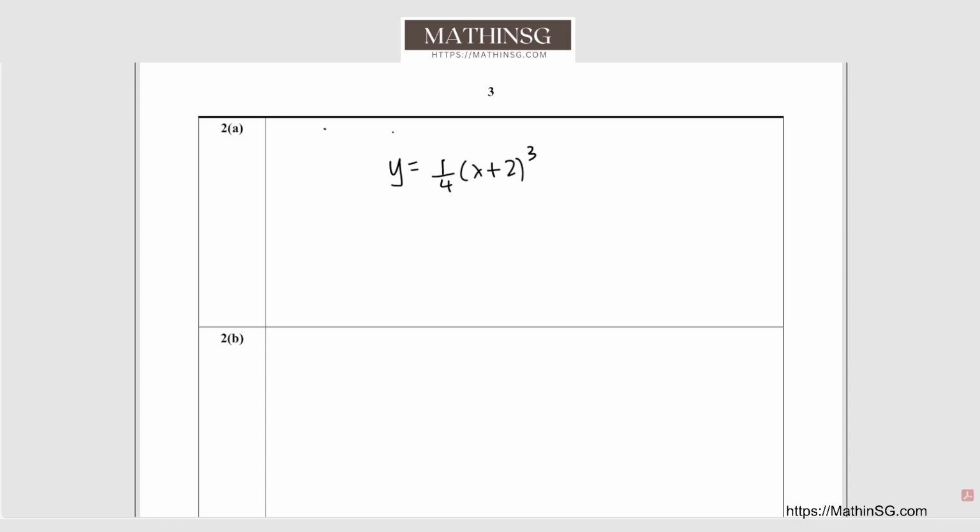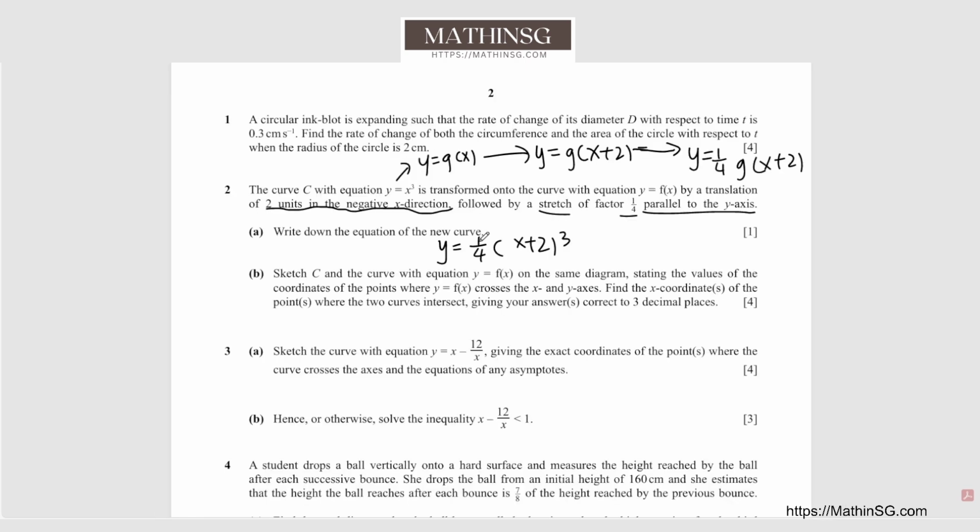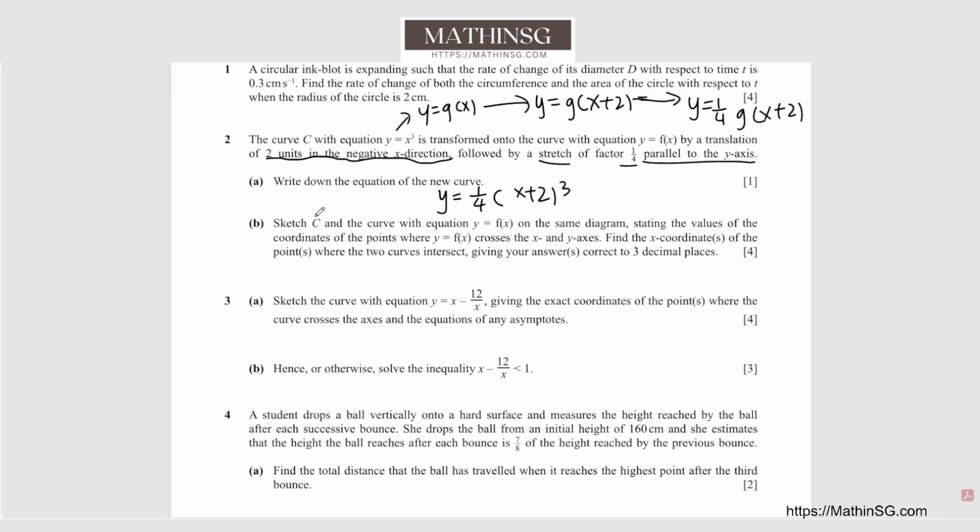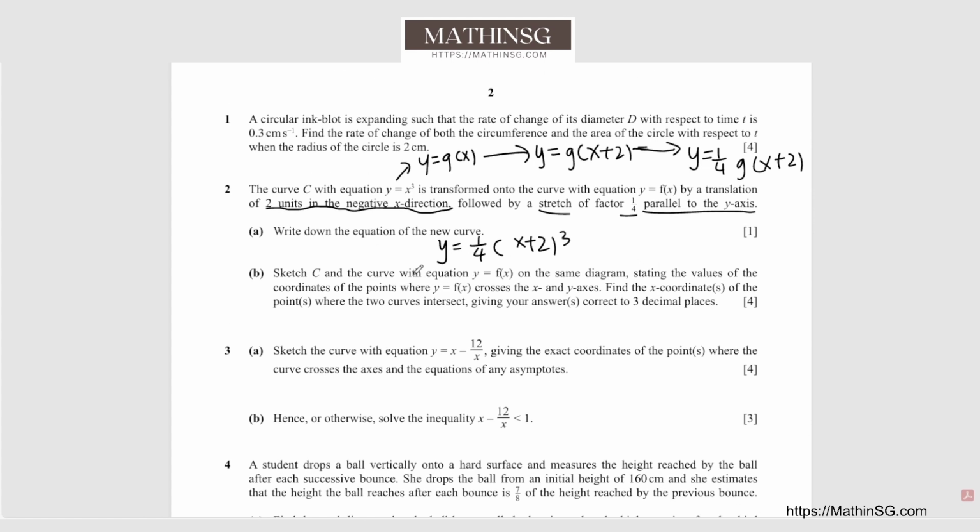Now that we have done this, let's move on to the next part of the question. You are asked to sketch C and the curve y equals f(x), which is basically y equals 1/4 (x plus 2) cubed, on the same diagram.